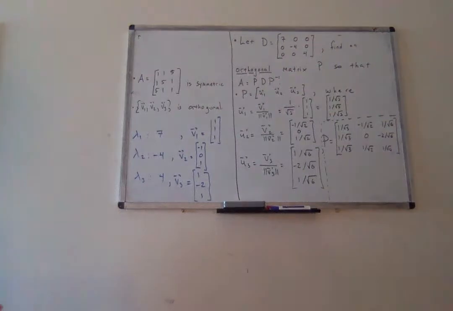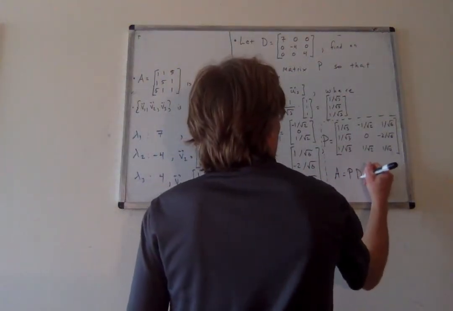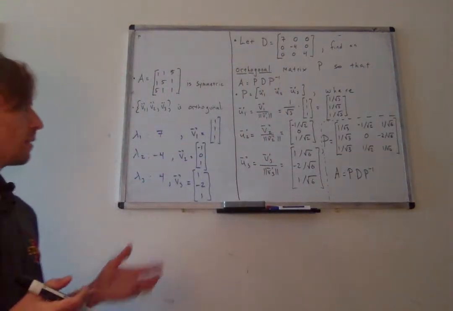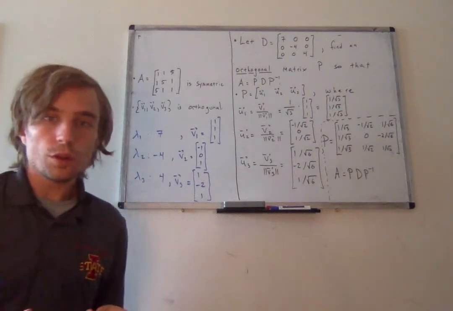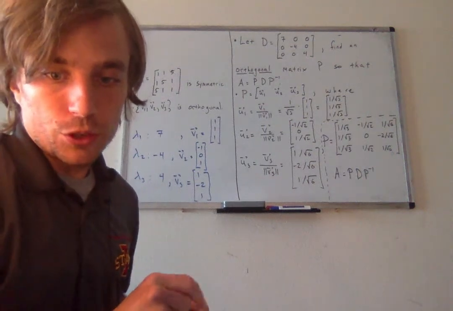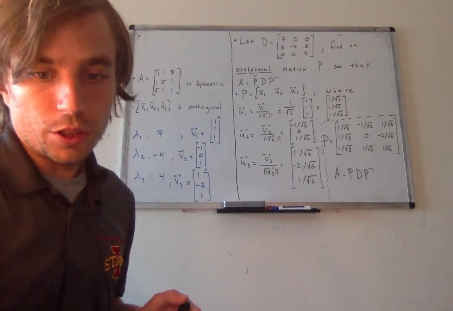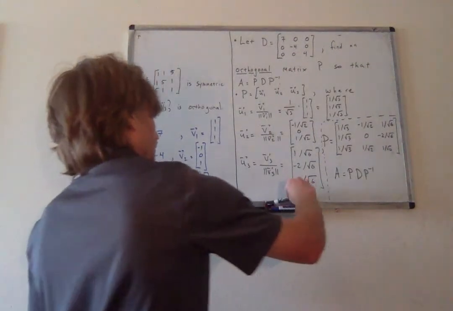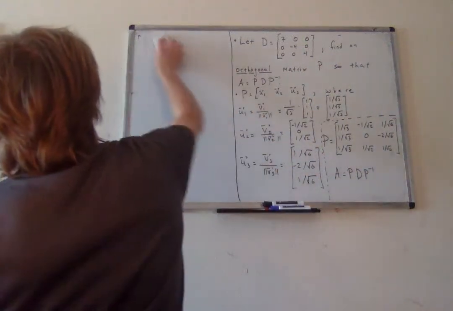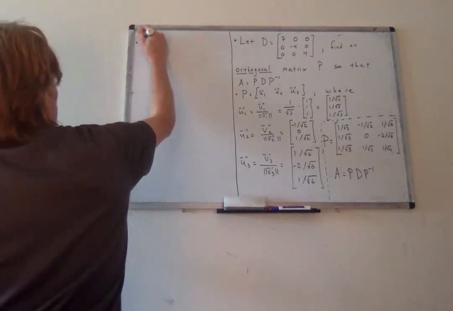So P here is an orthogonal matrix, and A is similar to D. So we've diagonalized A using a set of orthonormal eigenvectors. And if we can do this with a matrix, then we say that matrix is orthogonally diagonalizable. It turns out, as we'll show in a second, that every symmetric matrix is orthogonally diagonalizable.